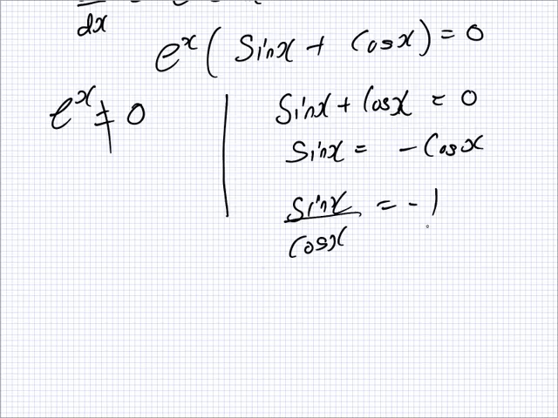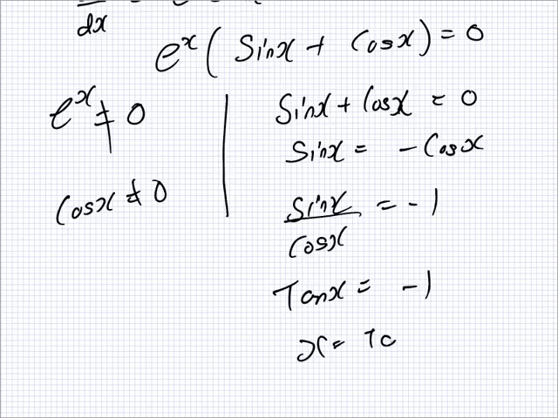And then as you said, this will be tan x equals minus 1. Now of course this only works if cos x is not 0. So tan x equals minus 1, which means x equals tan inverse of minus 1.